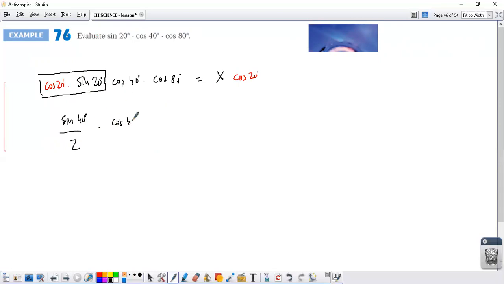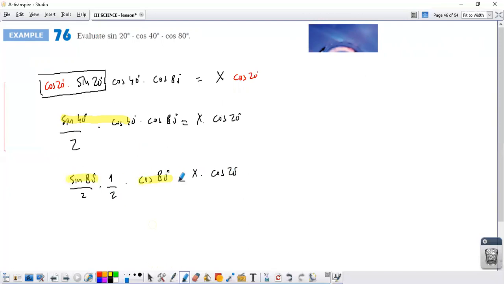And cosine 40 times cosine 80 is equal to x times cosine 20 degrees. And by taking the first and the second, which is sine 40 and cosine 40, which happens to be sine 80 degrees over 2, times 1 over 2 times cosine 80 degrees is equal to x times cosine 20.